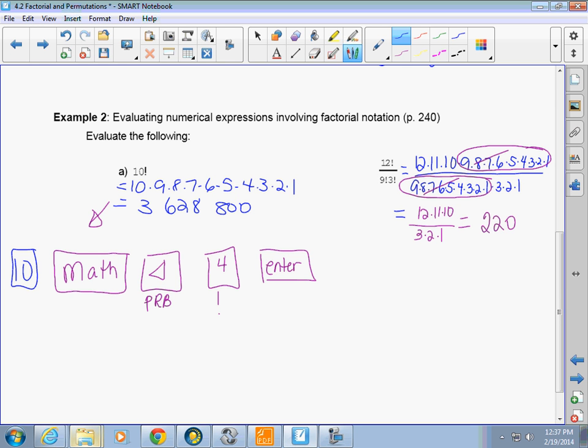And on your screen pops up 10 factorial. Okay, so right here after I do that, I have 10 factorial on my screen, with a cursor flashing behind it. Hit enter, and you get your answer. Okay, so that's just a quicker way of doing it.